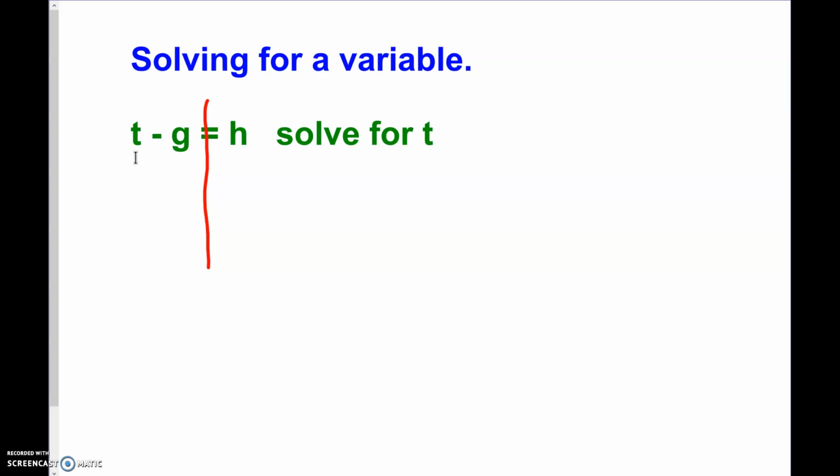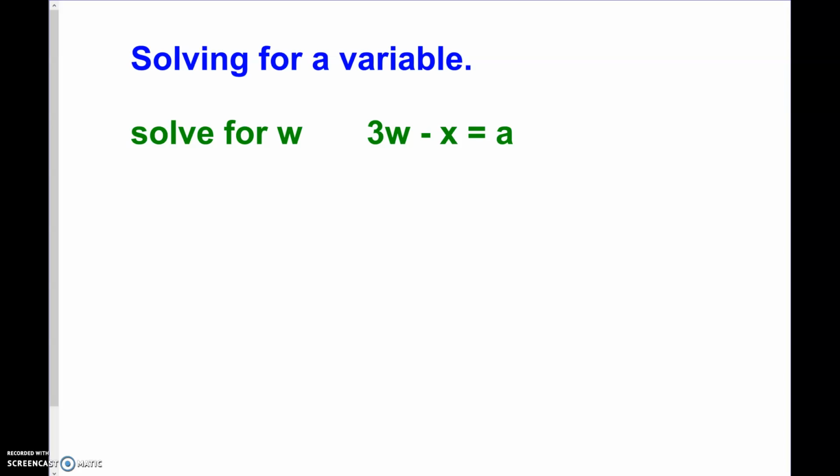And that is the letter G. So because that says a minus G, we are going to add G to both sides. So over here, the whole point of us doing it is that's going to cancel out. And now we can say T equals, and now what do we have over here? H plus G. We cannot combine them, so we just leave it all as letters.